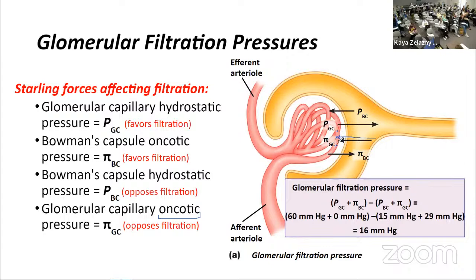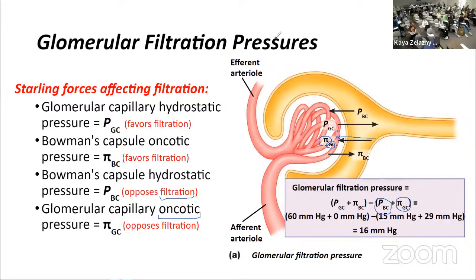They want to space out. Okay, so these proteins pulling water towards them, we drew our little X's in the glomerular capillary. So this is the oncotic pressure of the glomerular capillary. So those are our two forces opposing filtration. So they're the ones we subtract out here in this equation.